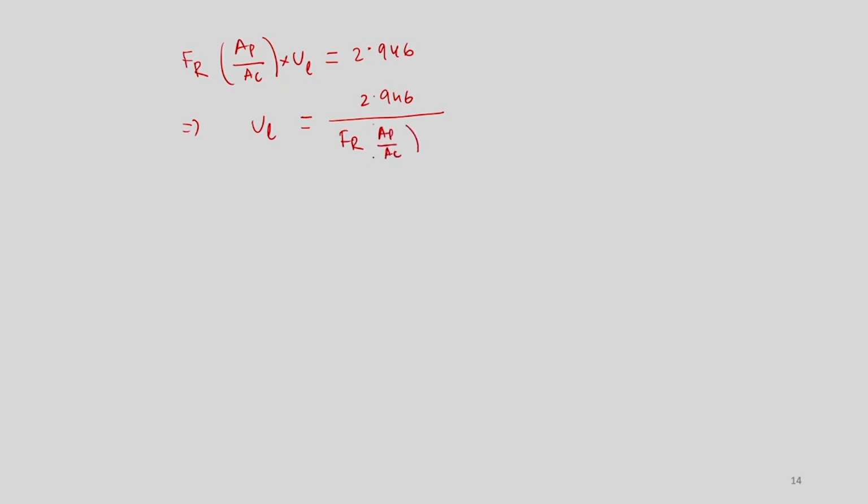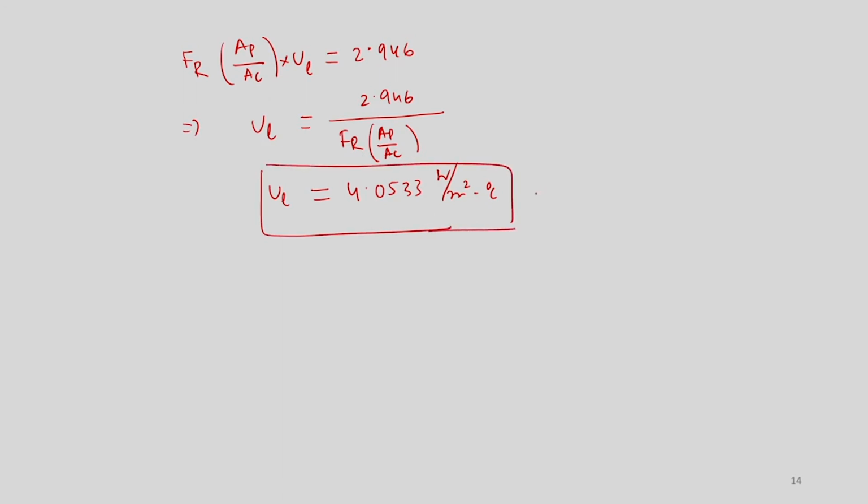If we substitute these values, UL will be 0.533 watt per meter square degree Celsius. So, the UL value we have calculated. This is the solution for the first part.